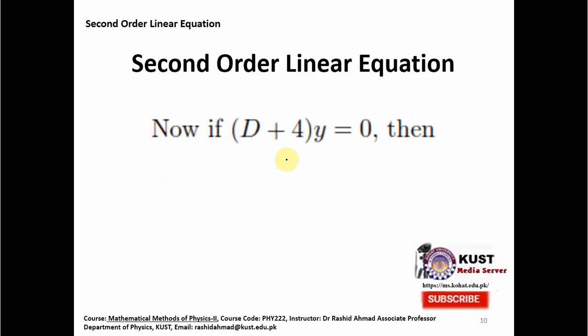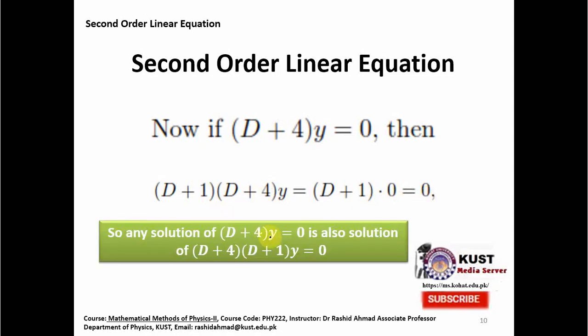Now if d plus 4 y is equal to 0, then we can just put it into this algebraic form over here, and so any solution of d plus 4 y is also a solution of this.